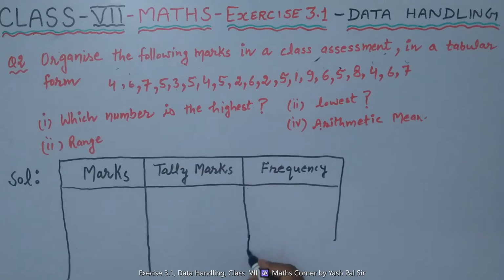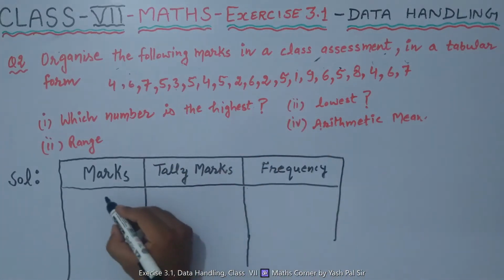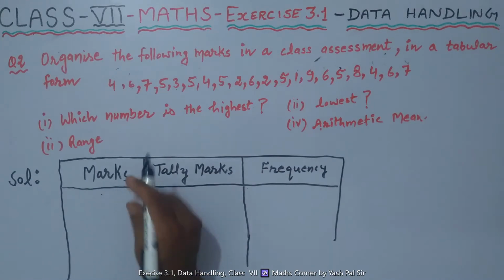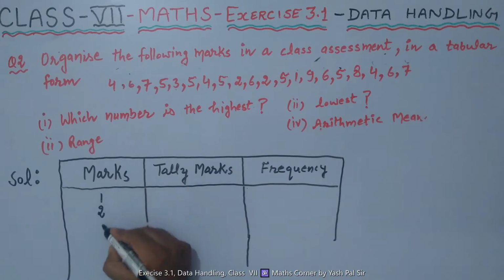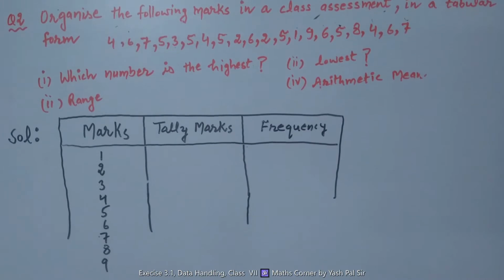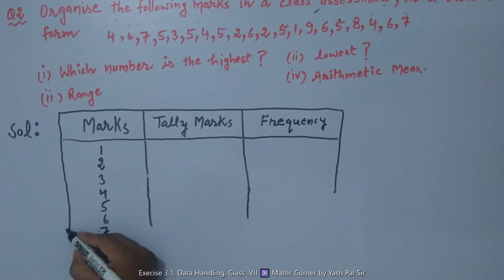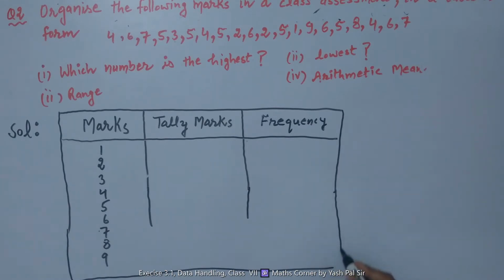Now coming to the marks, so we start with 1 2 3 4 5 6 7 8 9, right? Up to 9 we wrote all the marks obtained by the students.